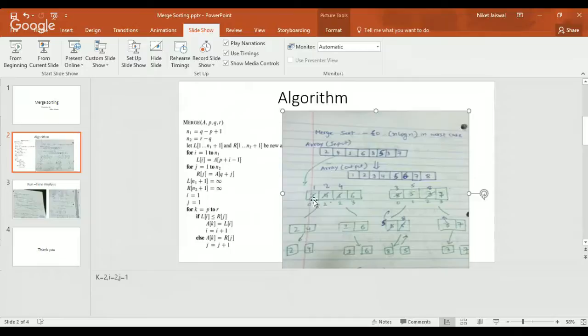I will split this, so it will give 2, 4, 1, 6. The other half would be 8, 5, 3, and 7.